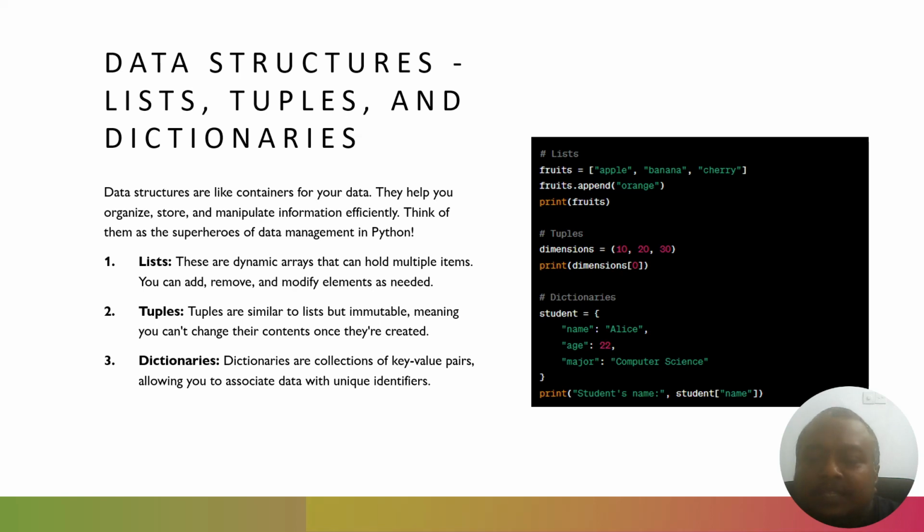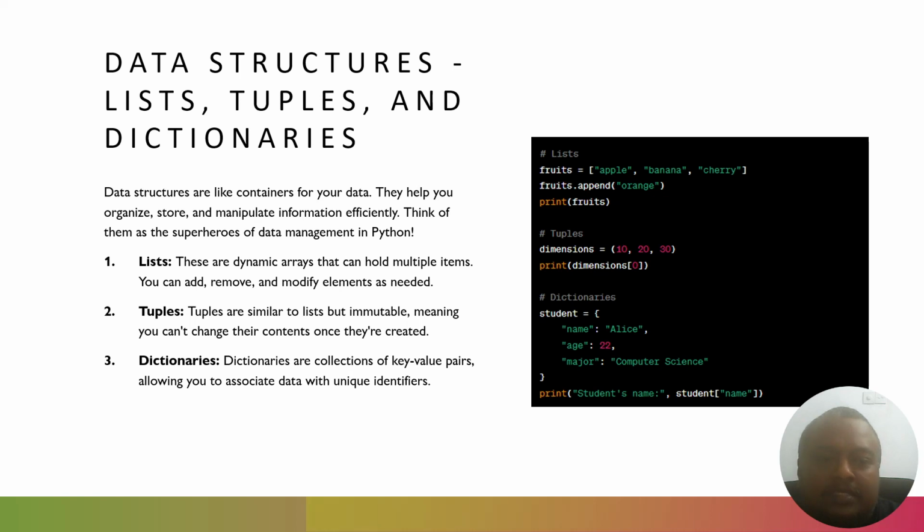So you can see the difference between lists and tuples. Lists use square brackets but tuples use round brackets. And the other difference is that once you define a tuple, you can't modify it. You can't remove, you can't add, and you can't change any content.